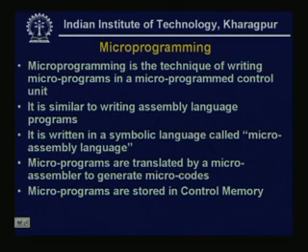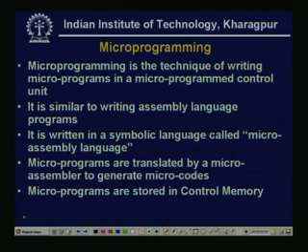Now, we see the microprogramming. Microprogramming is the technique of writing microprograms in a microprogrammed control unit. Writing microprogram is similar to writing assembly language programs. Microprograms are basically written in a symbolic language called micro assembly language. Now, these programs are translated by a microassembler to generate microcodes, which are then stored in the control memory.